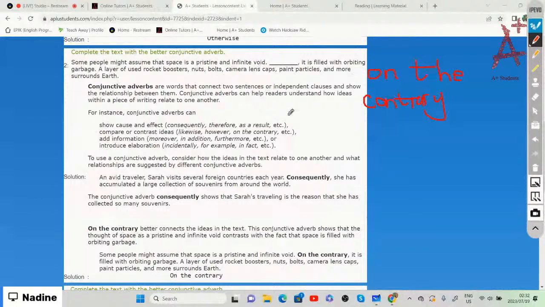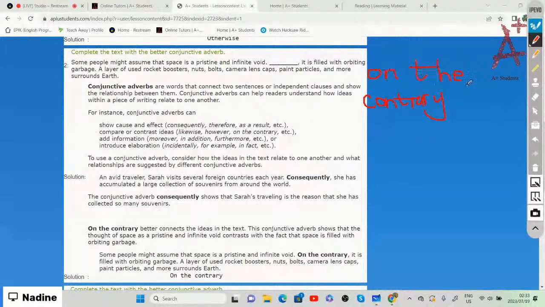Here, the phrase on the contrary shows the contrast between how people perceive space as well as space basically just being orbiting garbage. So, on the contrary better connects the ideas in the text.